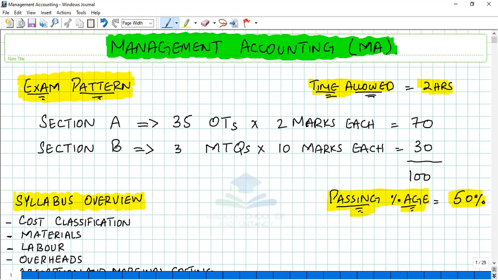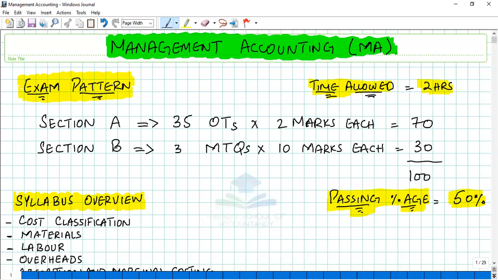The codes are just different. For the students in foundation, the subject code is FMA and the exam name is Foundation in Management Accounting. For those who have directly entered ACCA, the name of the exam is Management Accounting and its code is MA. The course and the exam pattern are everything the same. Just the codes are different.